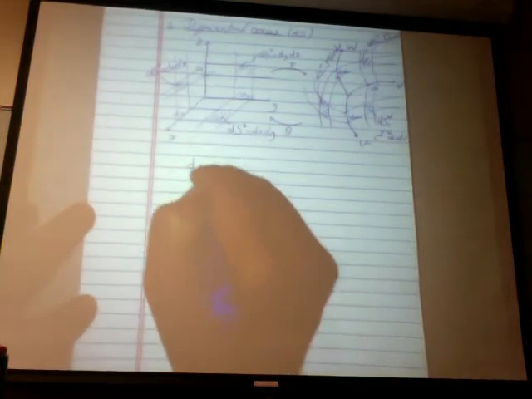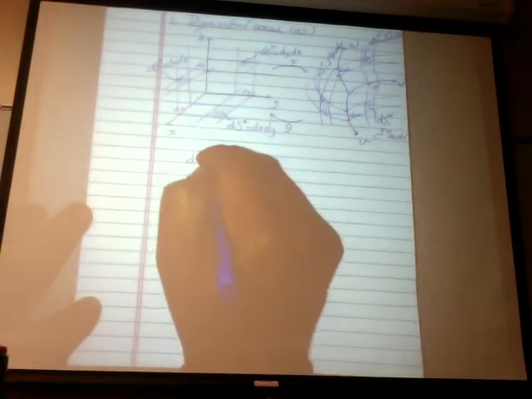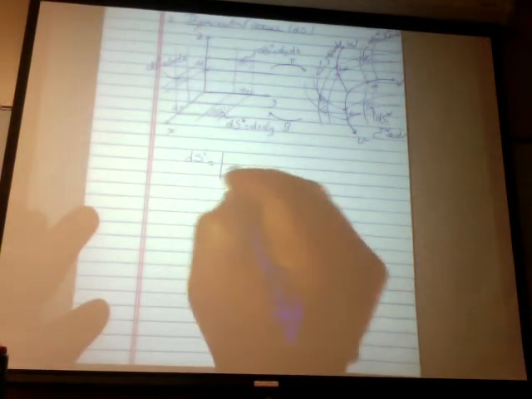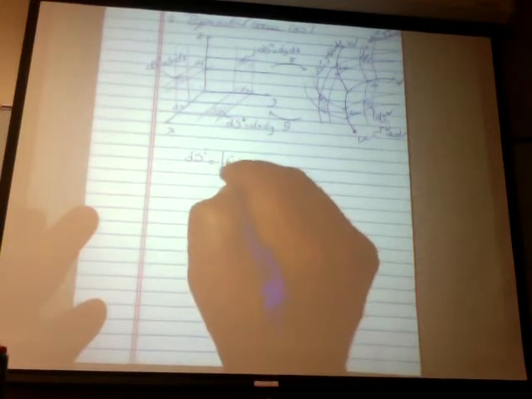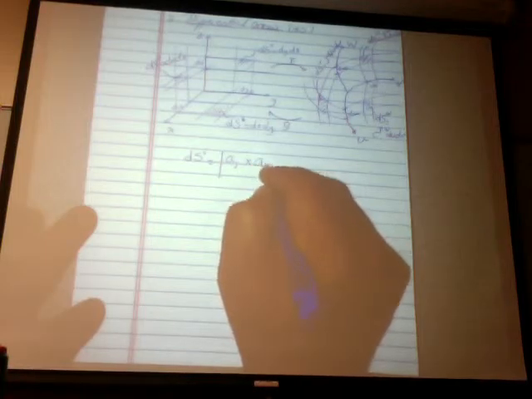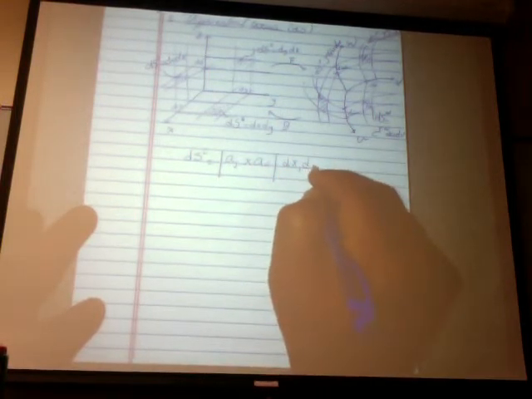All right? So the differential surface parallel to a specific plane would be the magnitude of the cross product of the tangent vector j times the tangent vector k times dxj dxk.